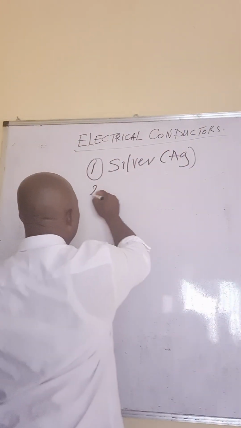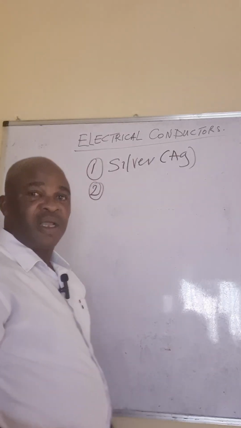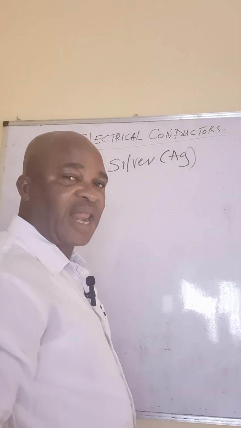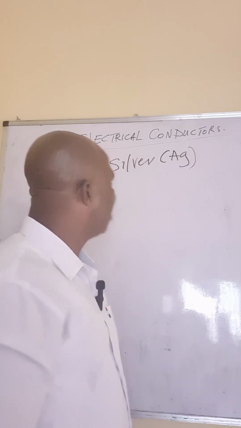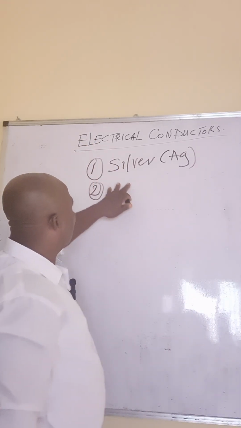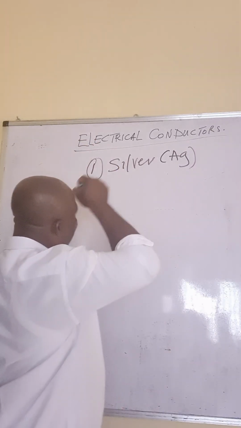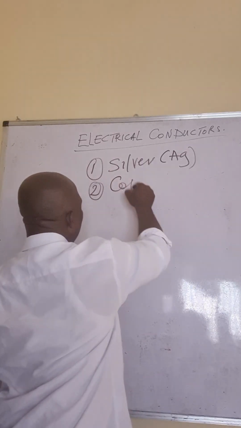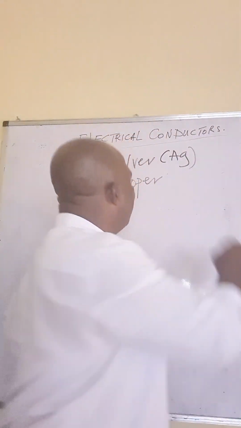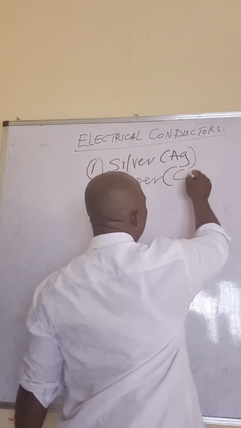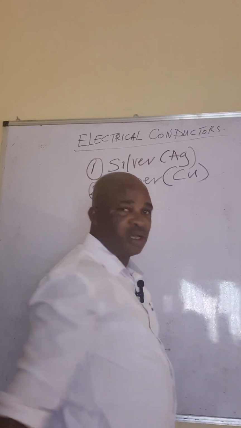These are material conductors that allow the flow of electricity easily, with high conductivities. Another one is copper. Copper goes with the chemical symbol Cu.